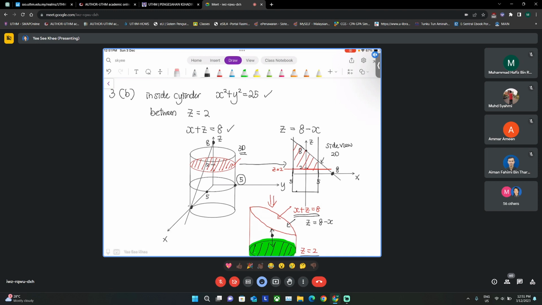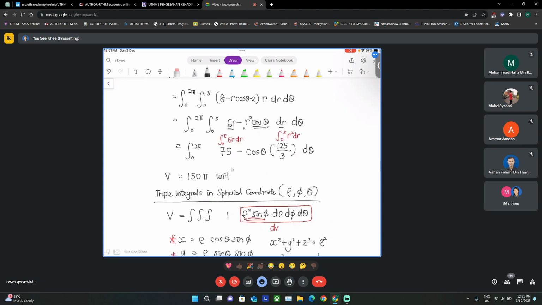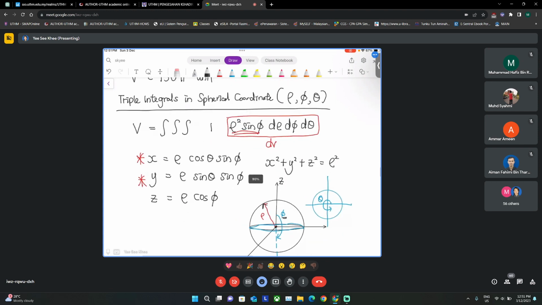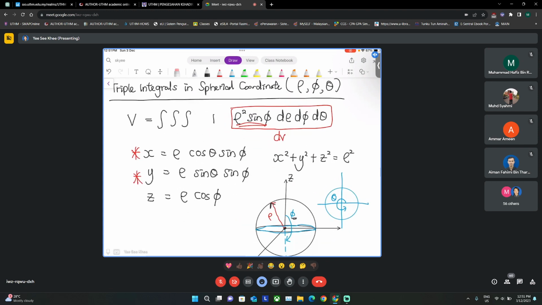As long as you know what is at the top, what is at the bottom, and what is the view when you refer to the XY projections, then you should be able to define the dz, dr, and d theta.